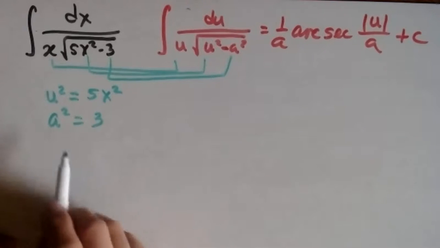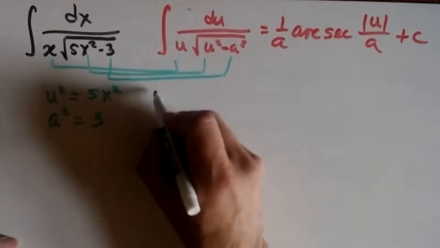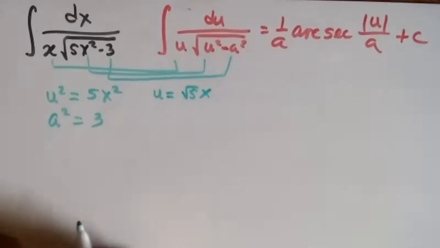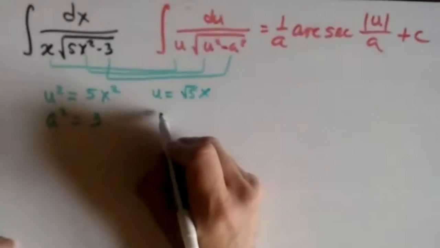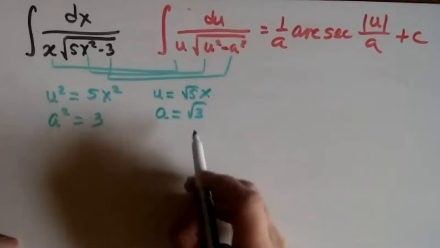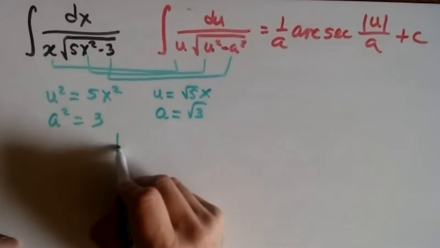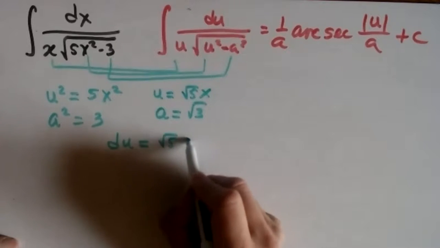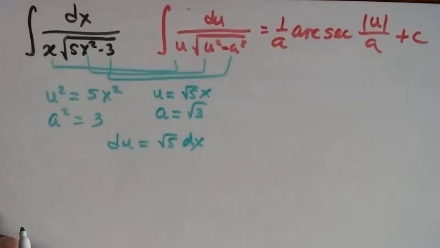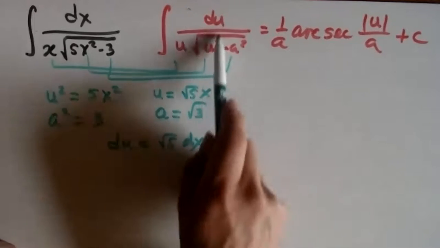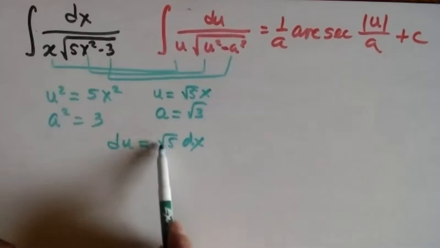So with these two, we have that u is the square root of 5 times x, and a is the square root of 3. So du is the derivative of this, which is the square root of 5 times dx. Here we have to adjust this constant at the top.